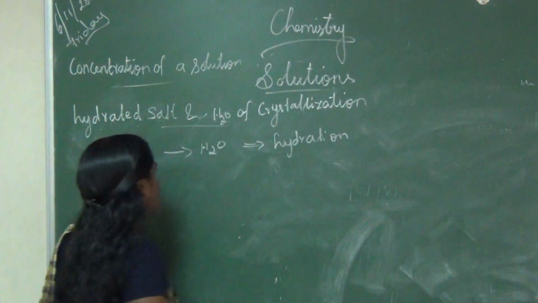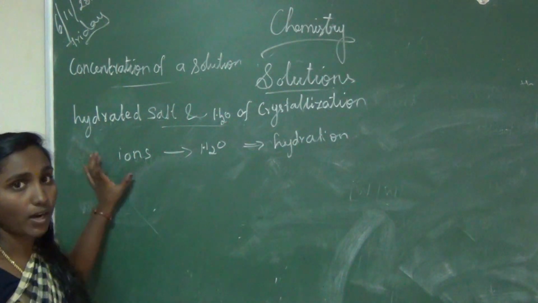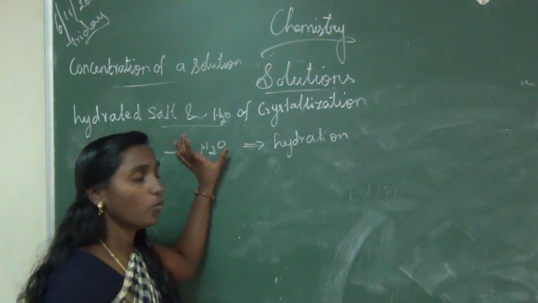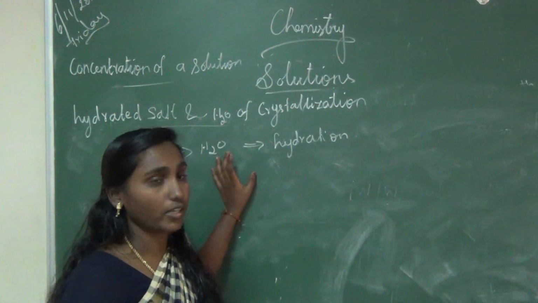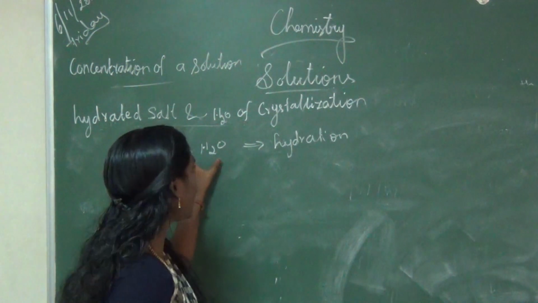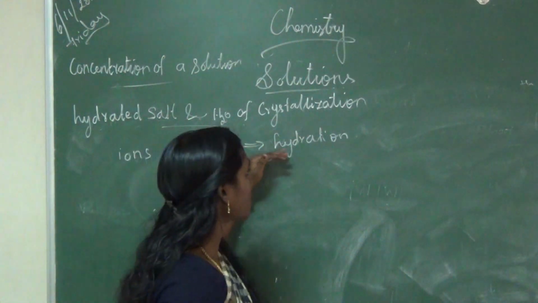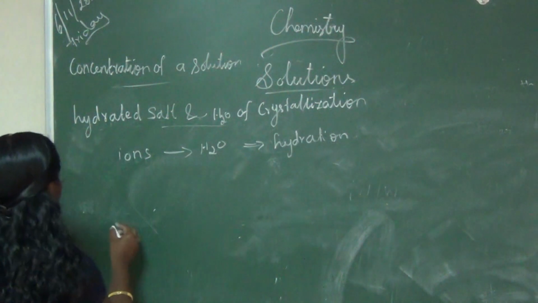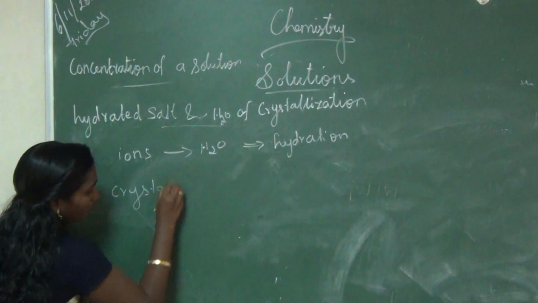So what is hydration? When an ionic substance is dissolved in water, the positive or negative ions attract the water molecules in a certain ratio. This process is called hydration.